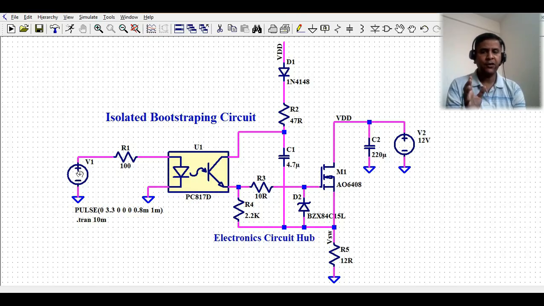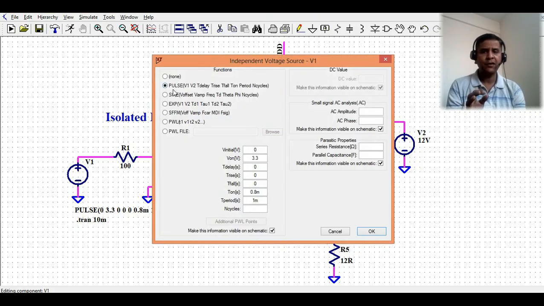If I right click on V1, you can see I am using a pulse with an on voltage of 3.3, a T on period of 0.8 millisecond, and a total time period of 1 millisecond. That means I'm using around 80% duty cycle, and for this pulse my duty cycle will remain 80%.